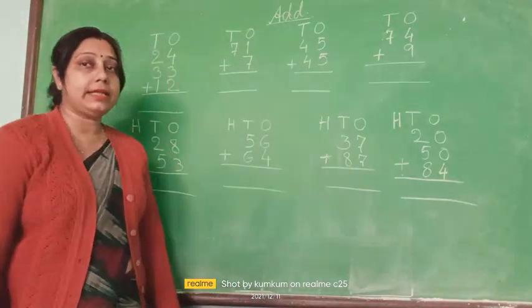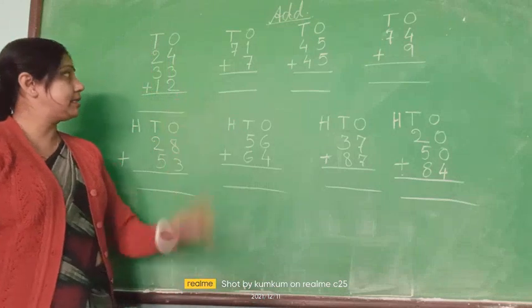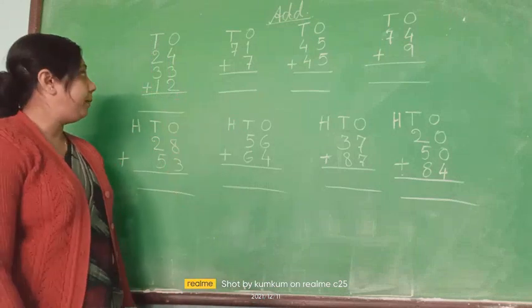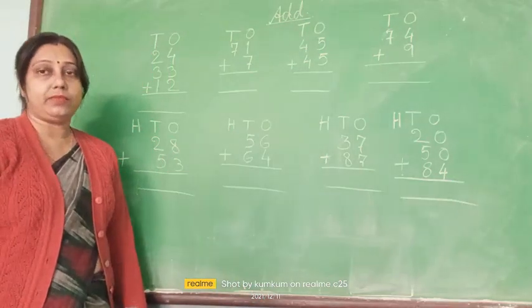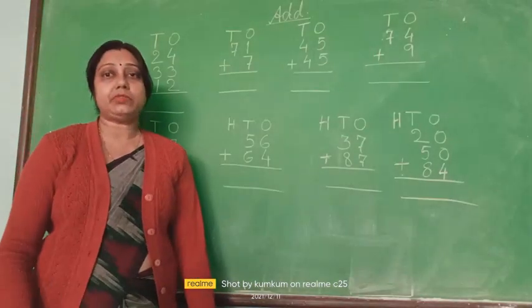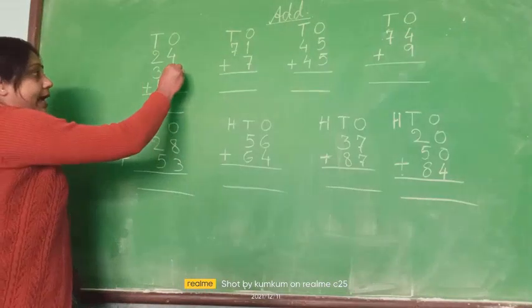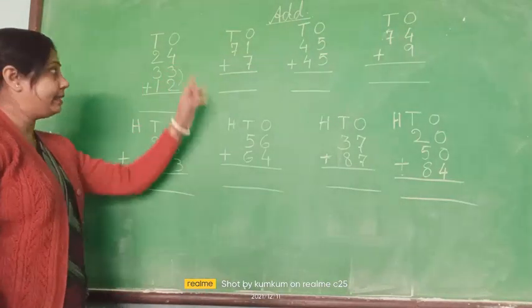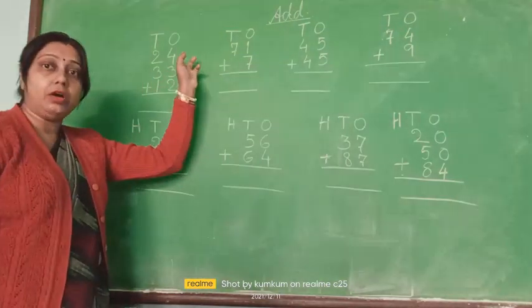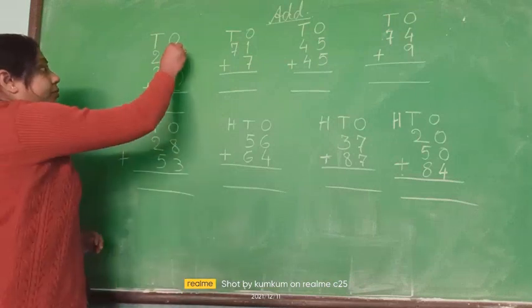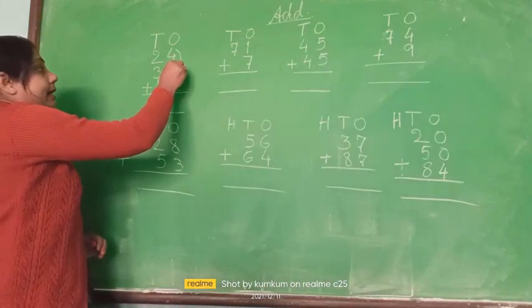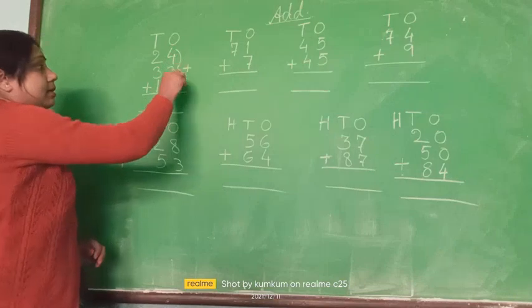The first question that we are going to start, it is given 24 plus 33 plus 12. Now we can see three different numbers are given here. So first we can add these two first, and then we can add it with the third, or first we can start from 4 and then we can add 3 and then we can come down.